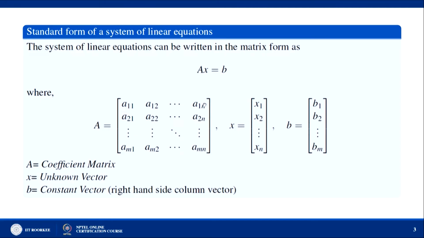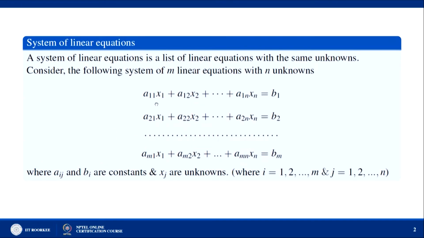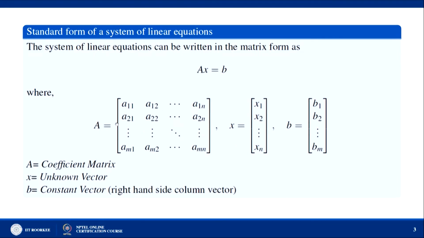Okay, if you see here, the coefficient matrix is A11, A12 up to A1n, A21, A22 up to A2n, and similarly the mth equation Am1, Am2 up to Amn. So, this is the coefficient matrix. This x is x1, x2 up to xn, the unknown vector, and this b is b1, b2 up to bm, this right hand side.